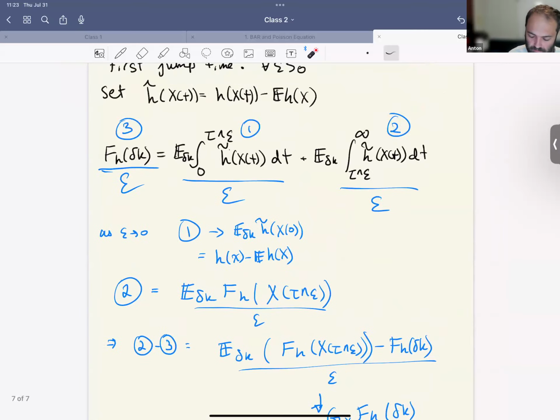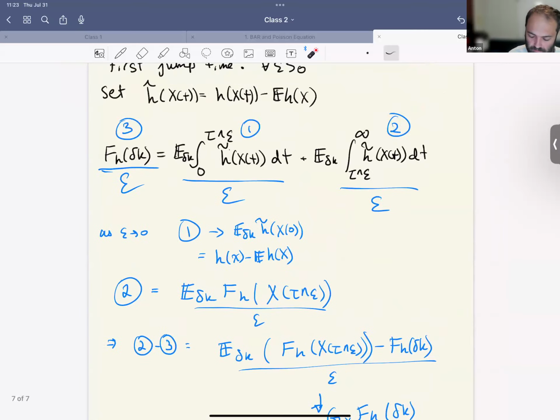Okay, so this is the tower property. Now, why can I get rid of this term? Well, this is the strong Markov property, because I know the value of x at this stopping time. Therefore, what happened prior to the stopping time doesn't matter.